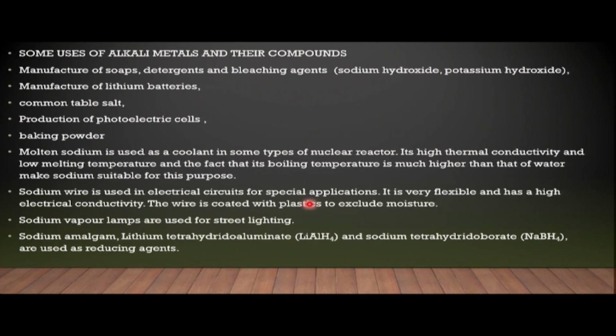You know, lithium is used in lithium batteries, in the phones. We know baking powder. We know sodium chloride, which is the table salt. Sodium is used in street lighting. We have so many uses. You will read them. You can do it as a research.